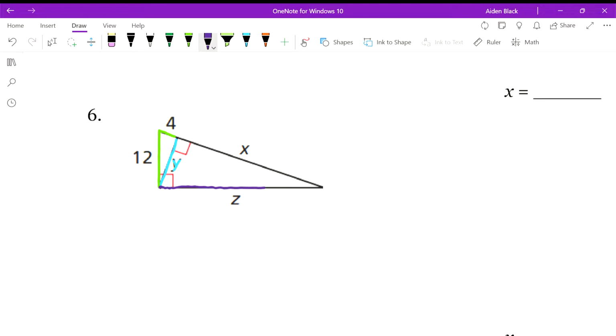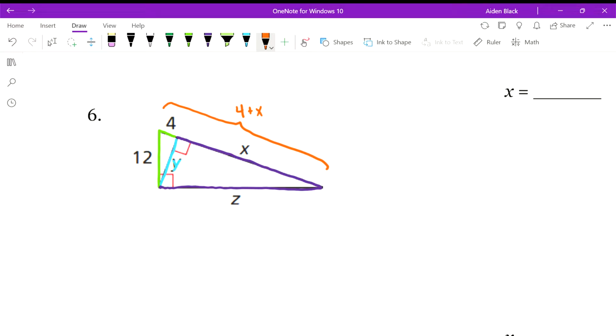So here's this one. Lastly, our hypotenuse here, which in this case right now is 4 plus x.